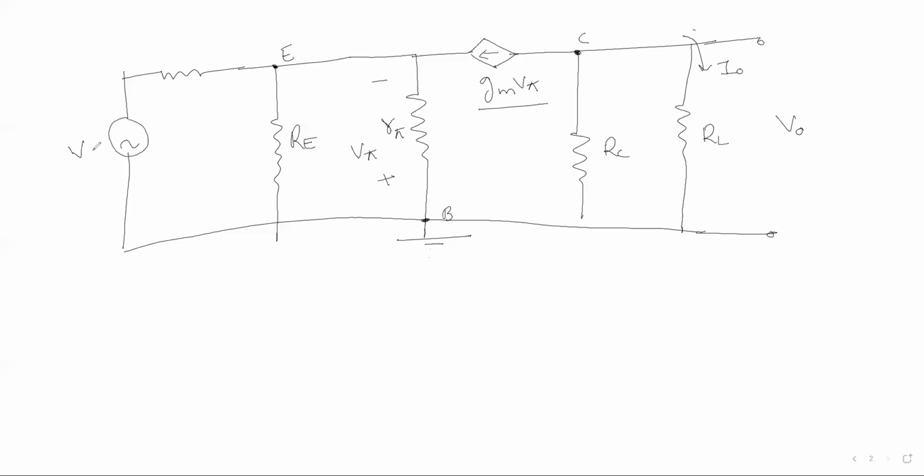This is your voltage supply, and this is the RS, that is the source resistance. In this equivalent circuit, we need to calculate four parameters, that is AI, current gain, AV, voltage gain, RI, that is input resistance, and R naught, that is your output resistance.